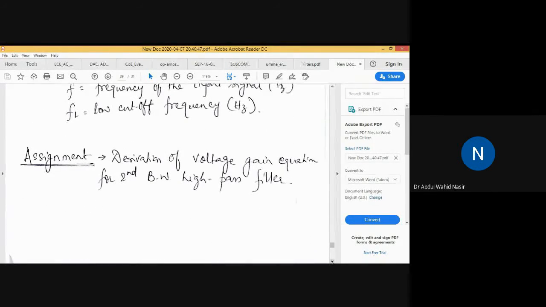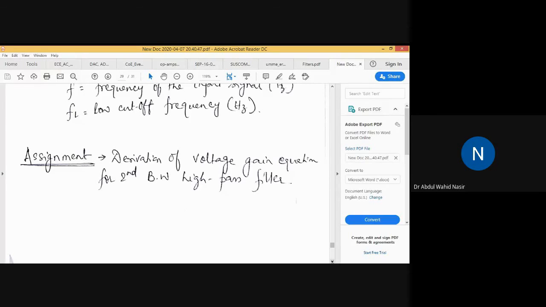So today's assignment is the derivation of the voltage gain equation for a second order Butterworth high pass filter. See, it is very simple. Already I have given the derivation of the voltage gain equation for a second order low pass filter. If you follow the steps of that derivation, you can easily derive the voltage gain equation for the second order Butterworth high pass filter.